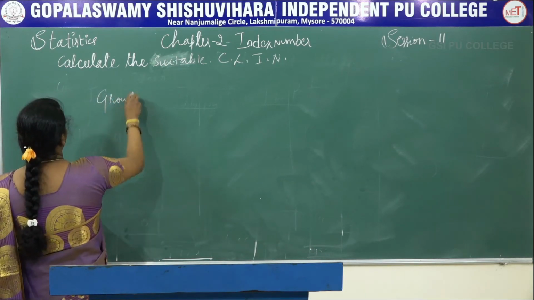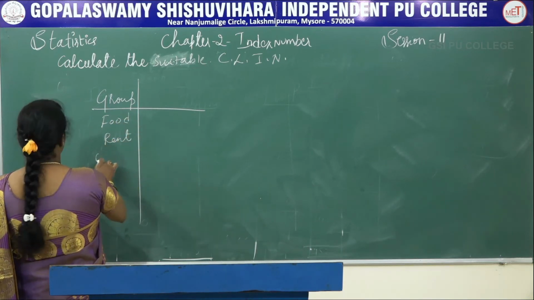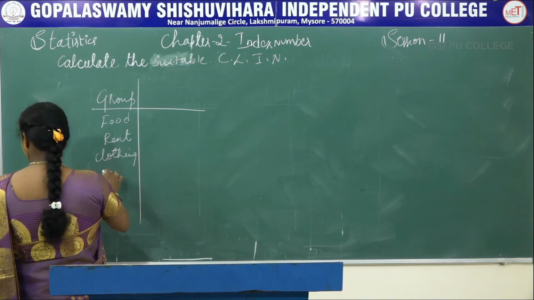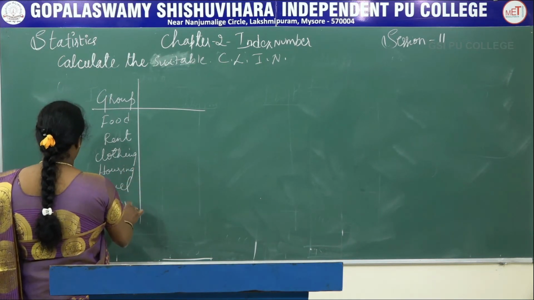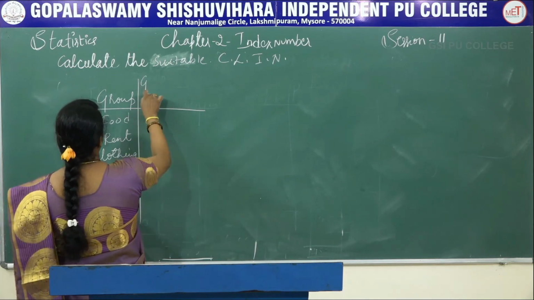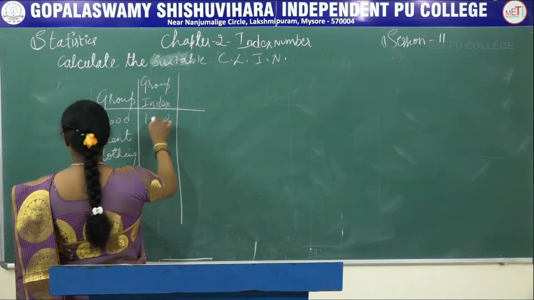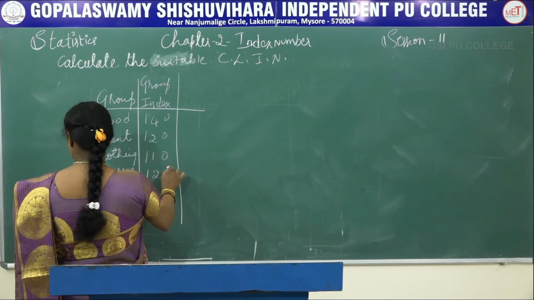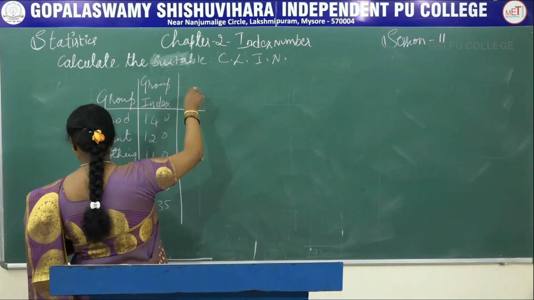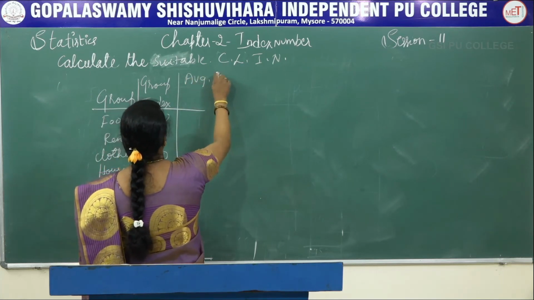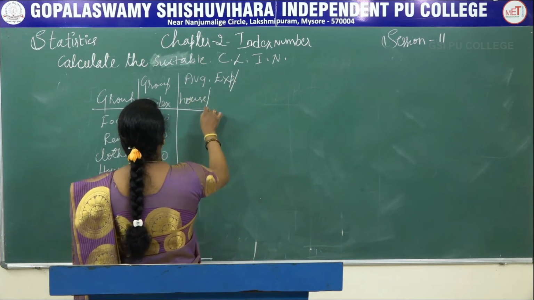Here they have given the group, the group index, and the average expenditure per house per month.